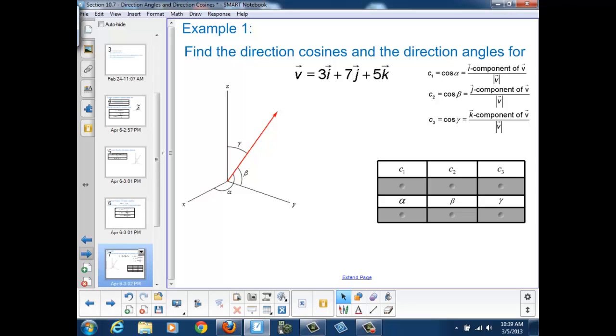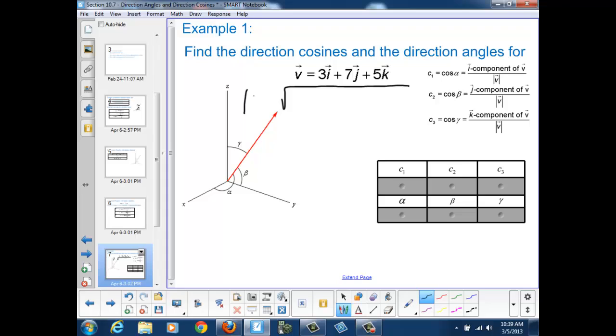So let's look at this in practice. Here we have a vector V, 3i plus 7j plus 5k, and we're being asked to find the direction cosines and the direction angles for the vector. To find the direction cosines, we simply take the components of our vector and divide them by the magnitude. So the first thing we need to do is determine the magnitude, and here we pull out the super Pythagorean.